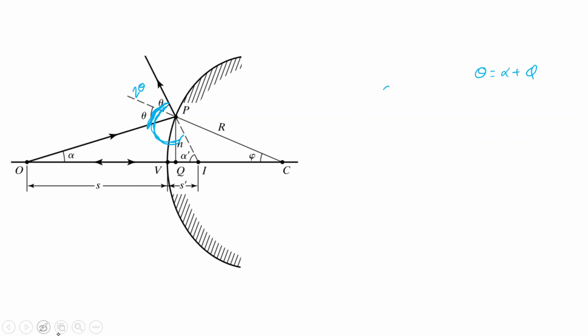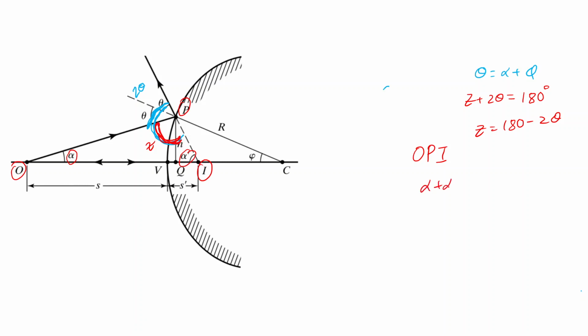So if I call this angle Z, then I have Z plus 2 theta is equal to 180 degrees, or Z is 180 minus 2 theta. And now if I look at the triangle OPI, then I have alpha, alpha prime and Z as the angles.